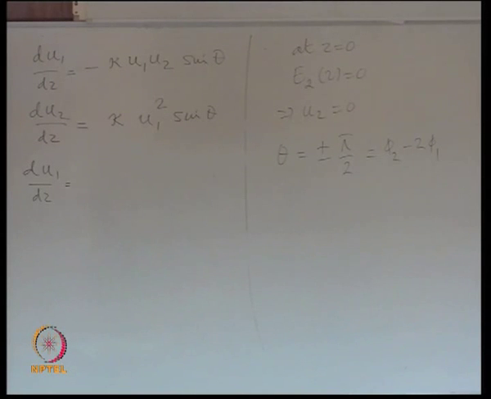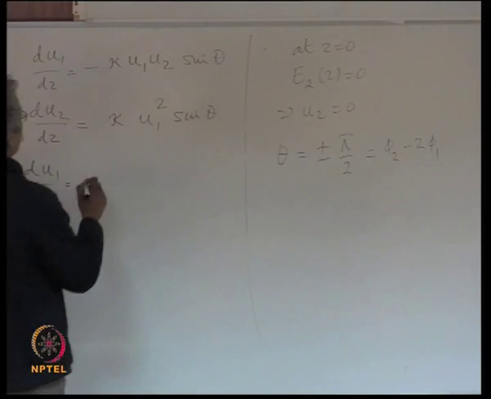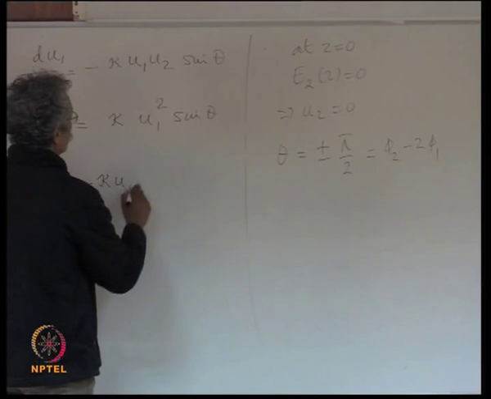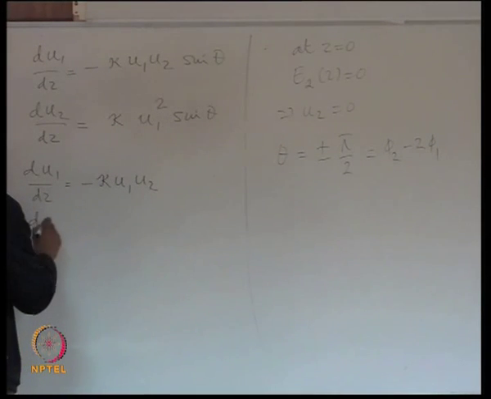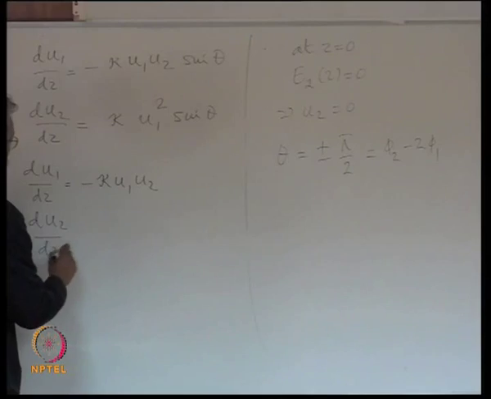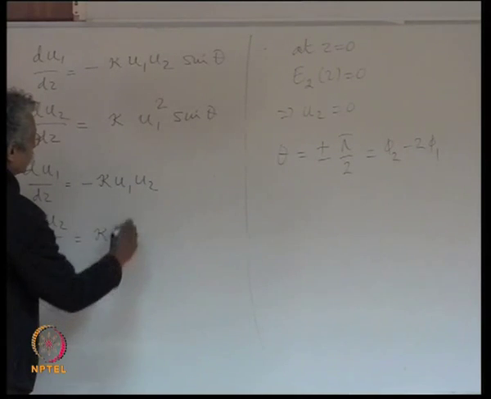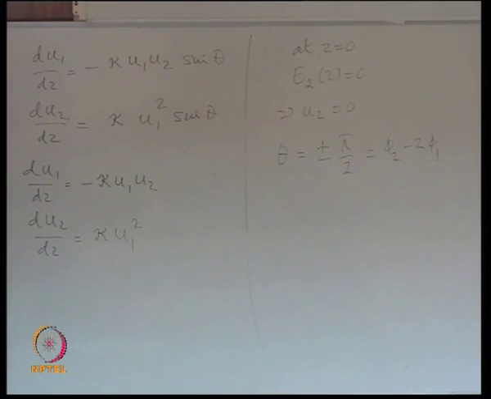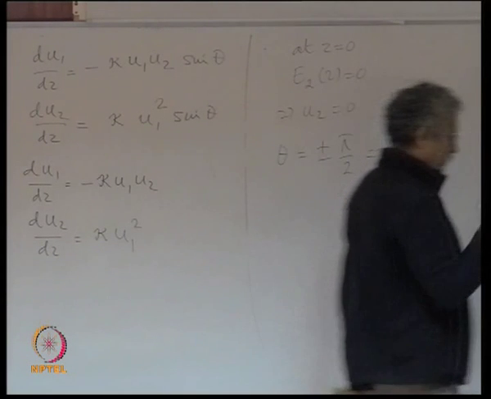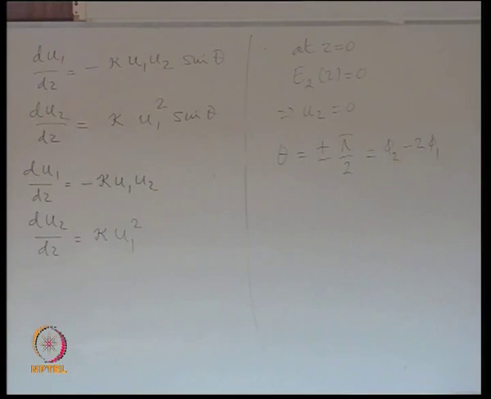I leave the problem to you to do for theta is equal to minus pi by 2. For theta is equal to plus pi by 2, du1 by dz is minus kappa u1 u2 and du2 by dz is equal to kappa u1 square. Sin theta becomes 1.